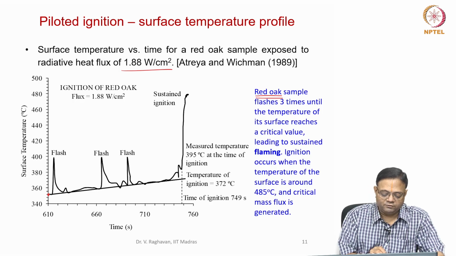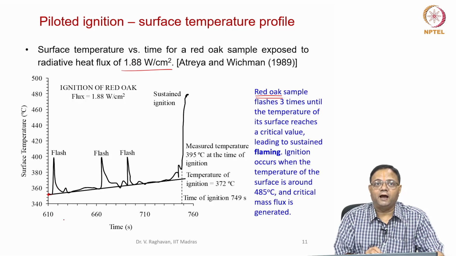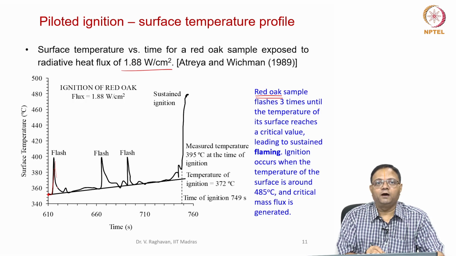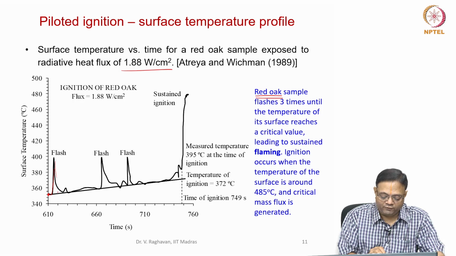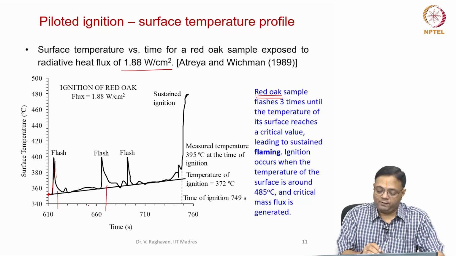Now, volatiles get released, some vapors are formed, which mix with the ambient air. Upon ignition a flash forms, but now the mixture is consumed. Now I have to wait for a certain time period, here say about 50 seconds, so that enough vapor forms again.